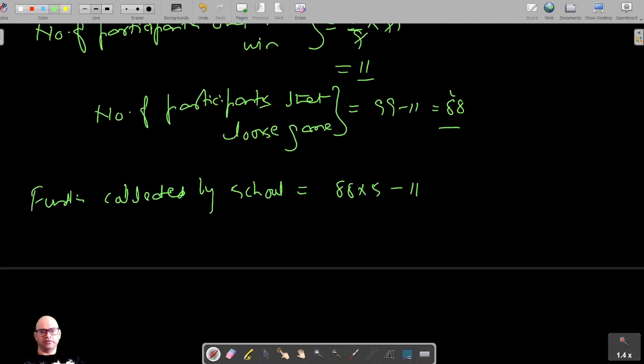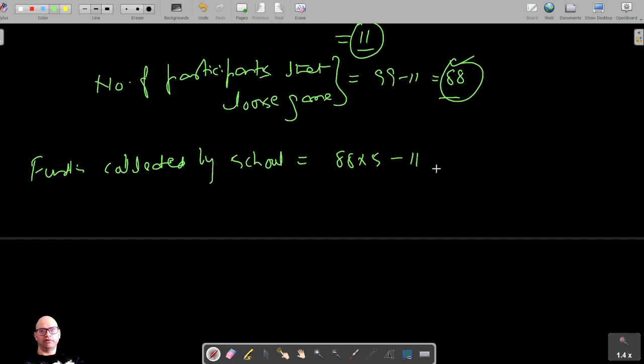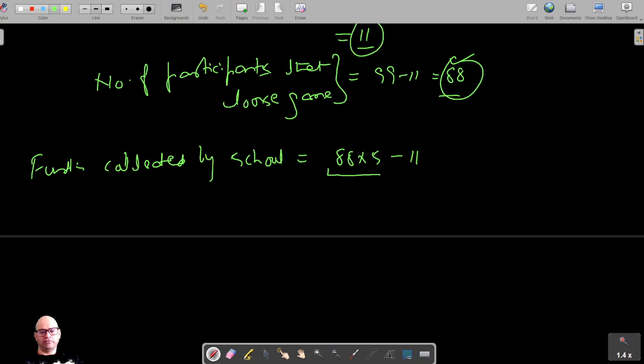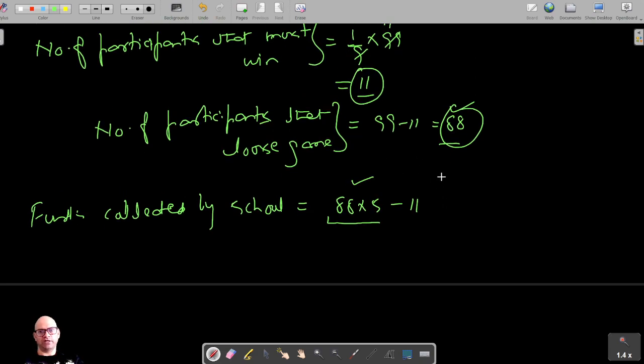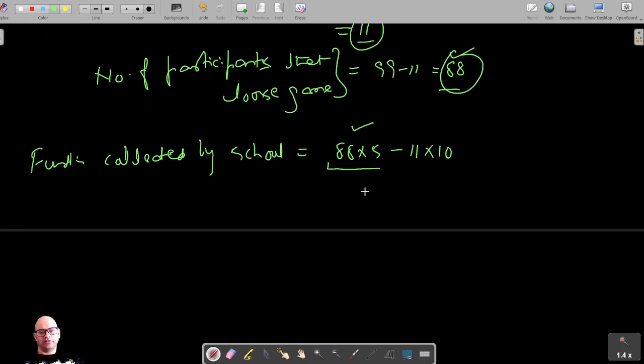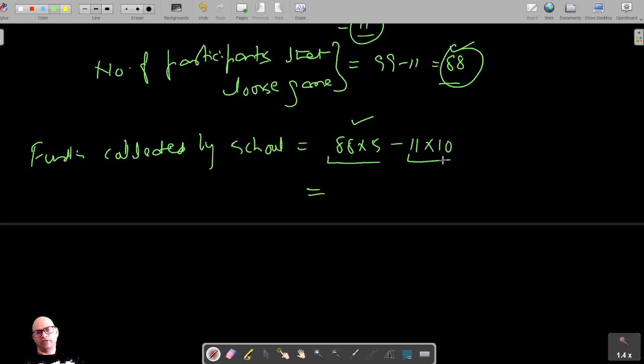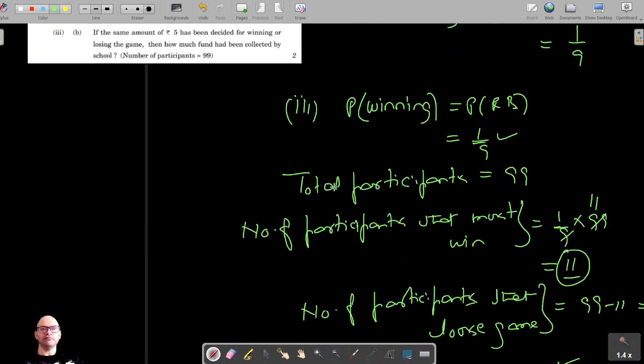The losers give this amount of money to the school as the fund collected, but we have to subtract the winning amount from the collected amount. So 88 times 5 is 440, minus 110, which is 330 rupees.